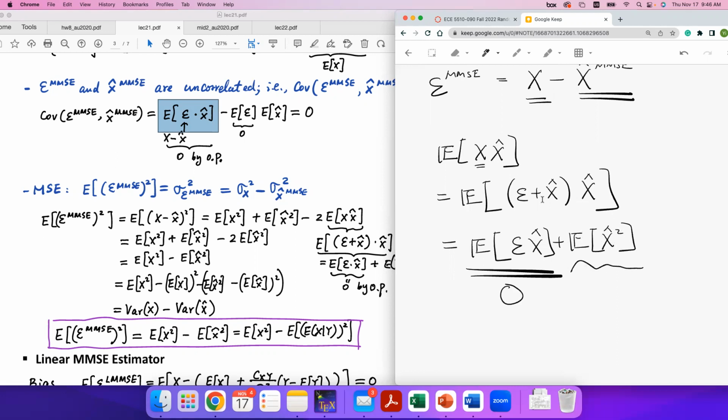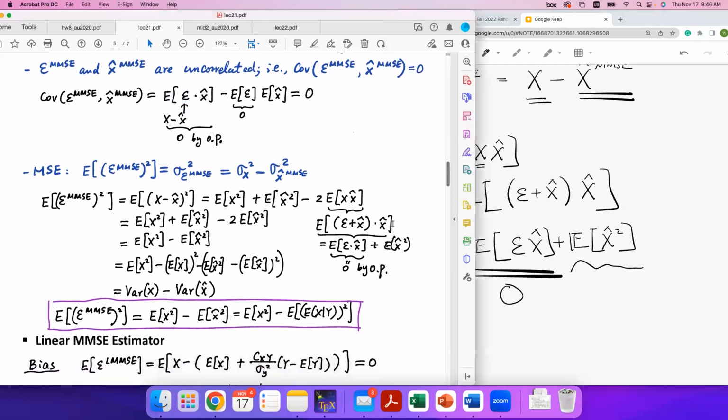It has nothing to do with x now. So this correlation term turns out to equal the second moment of x hat. So this one becomes minus 2 times the second moment of x hat, and we get rid of x in this cross term.